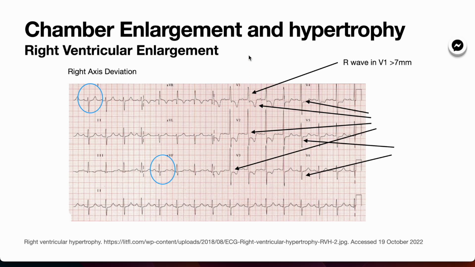Now in this area here, you have right axis deviation, and we can see a dominant S wave in V5 to V6, which is more than 7 millimeters or 7 small squares, and you can see a right ventricular strain in these areas here.